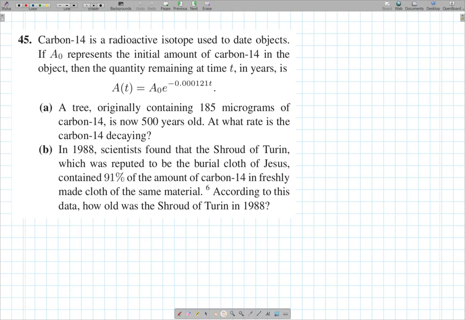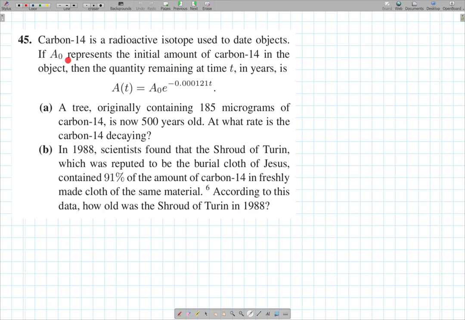Carbon 14. Basahin natin muna. Carbon 14 is a radioactive isotope used to date objects. Okay, so ginagamit pala ito yun, no? To date objects.